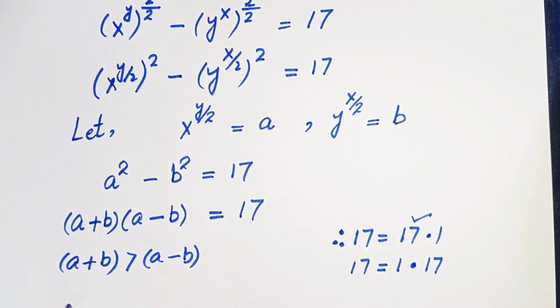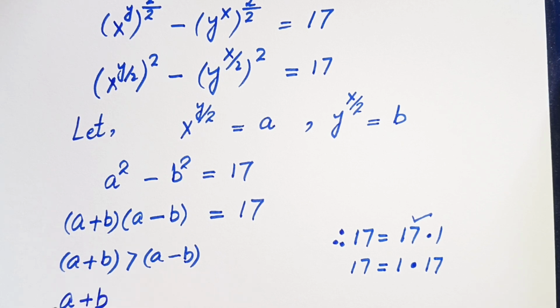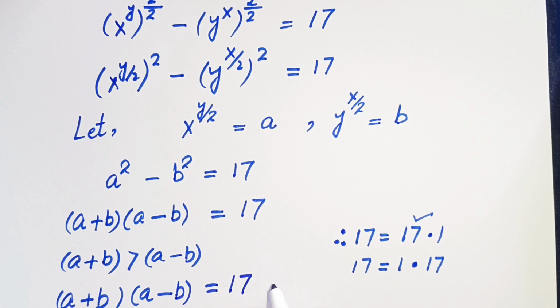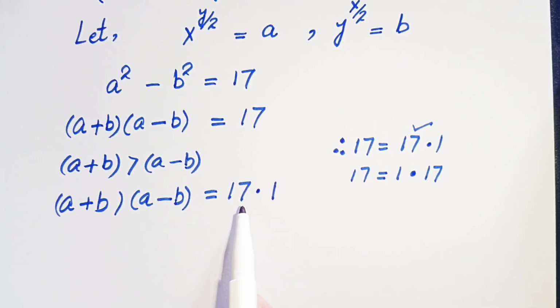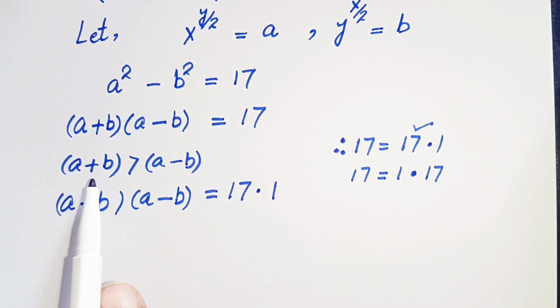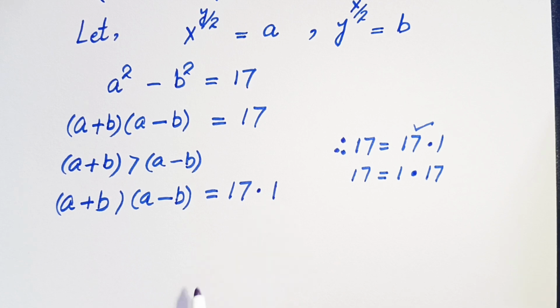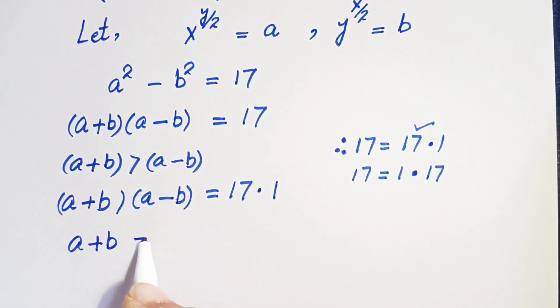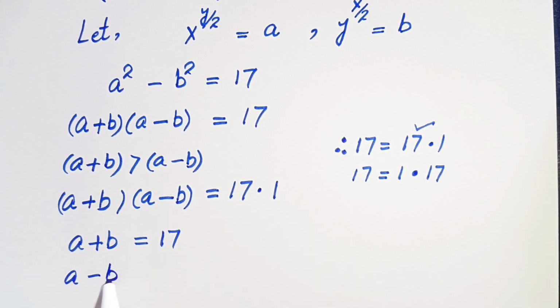So a plus b times a minus b is equal to 17 times 1. Here 17 is greater, so a plus b is 17, and a minus b, being the smaller factor, is 1.